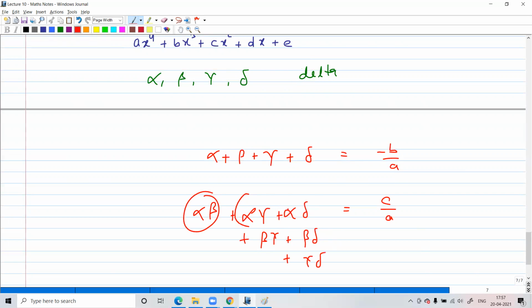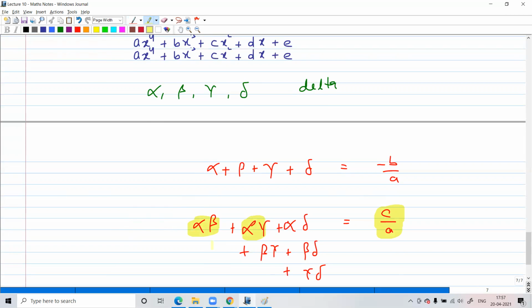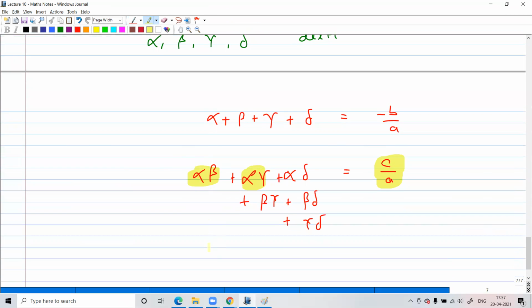See, when you take two of them together, you have to consider all these zeros. Remember, I'm just writing it for you so that you understand the pattern. Remember, this is not for your exam perspective. No one will ask you to do this, okay? I just want you to understand the patterns. That this C by A represents the sum of zeros taken two at a time. Since there are four zeros over here, all these terms come into the picture.